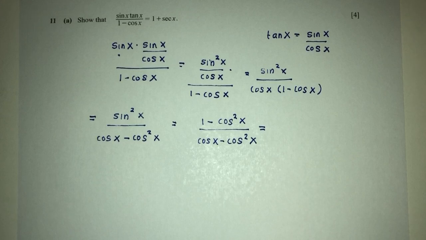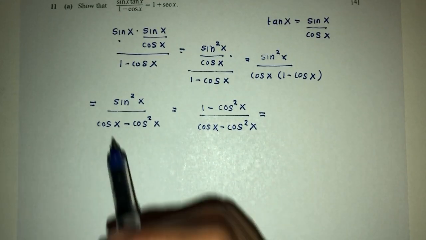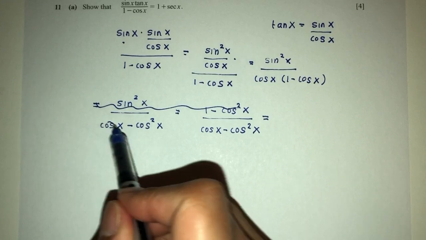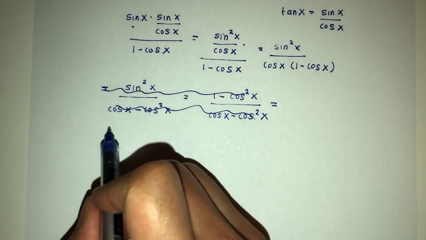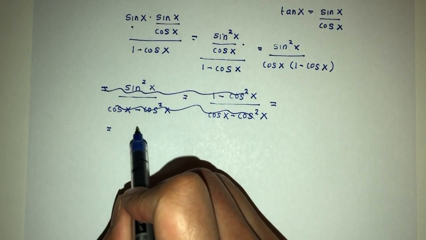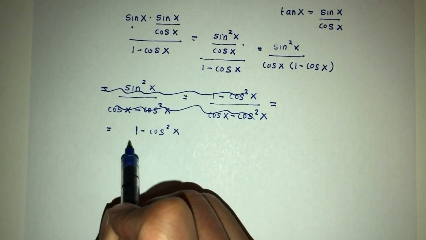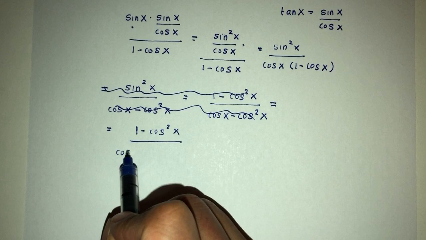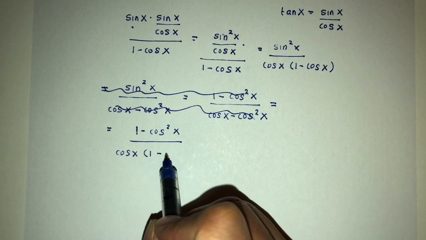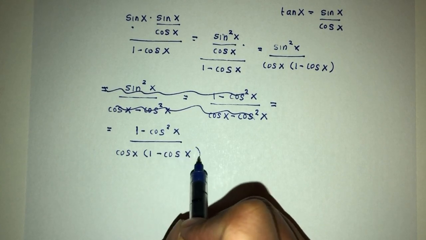Okay, so I know what I missed. Look at this. This is really interesting, because if you do it this way, it is going to take a long time to solve this question. So the point here is that this is not needed. Okay, so here I know it is 1 minus cos square x over cos x multiplied by 1 minus cos x.